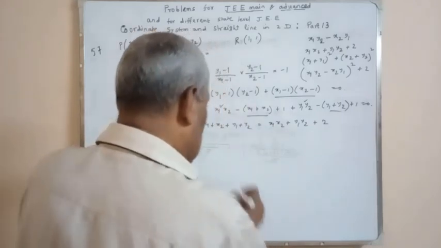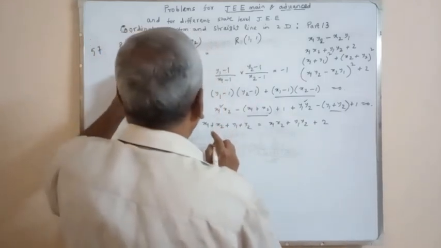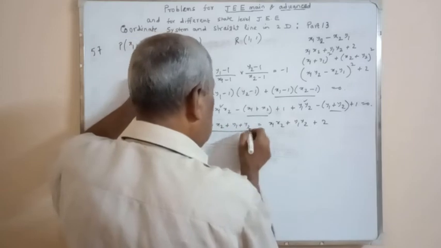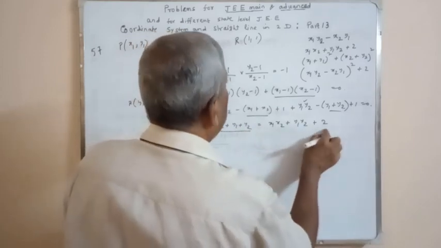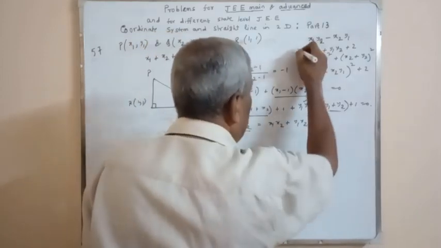So our answer is: this is equal to this plus 2. That is option B is correct.